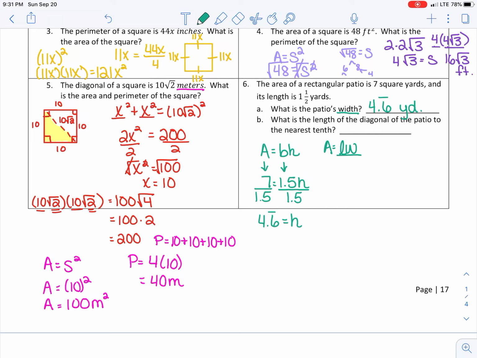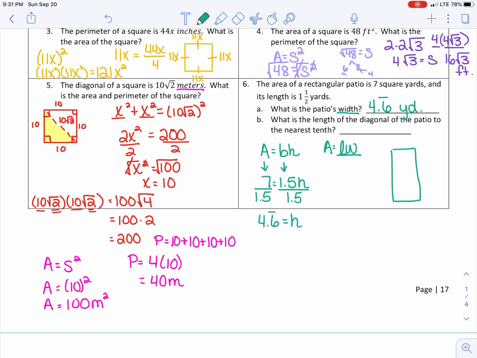Then it says, well, what is the length of the diagonal of the patio to the nearest tenth? So we have that rectangular patio. Okay, we've already found that our length is 1.5 yards. And our width is, well, this doesn't look right. Let me redo this.